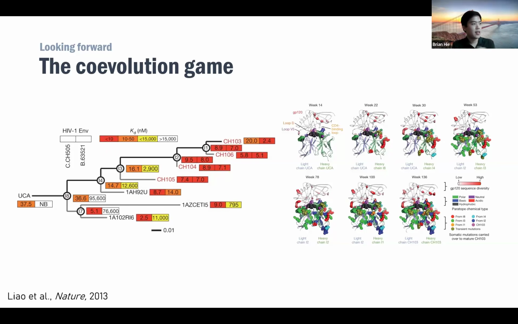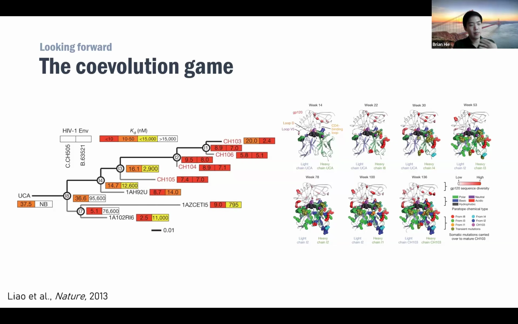So for example, and this is data from HIV, in HIV there's an arms race within a single host between affinity maturation via somatic hypermutation in the immune system and the actual within-host evolution of the HIV virus. And a lot of the reason why we haven't, for example, developed an HIV vaccine is that the immune system is currently losing this arms race.